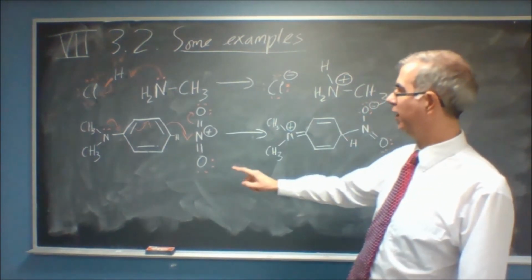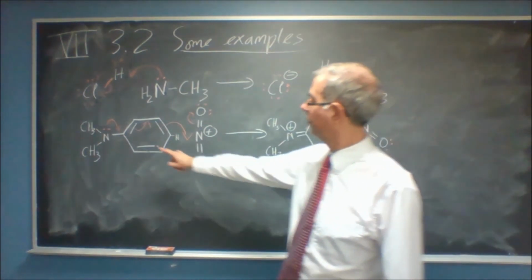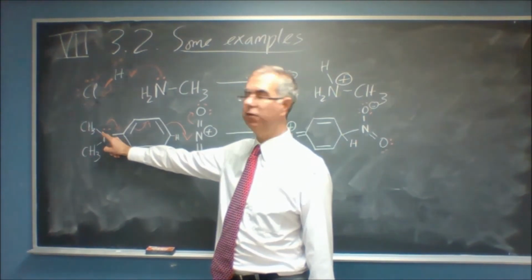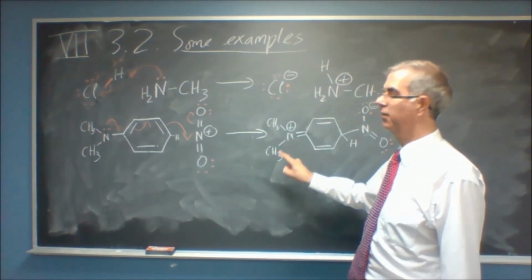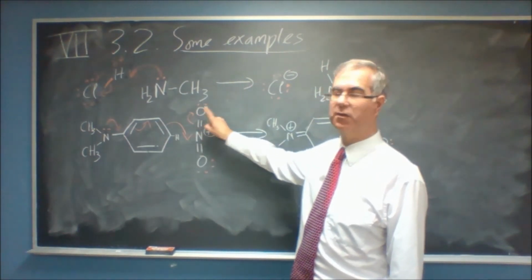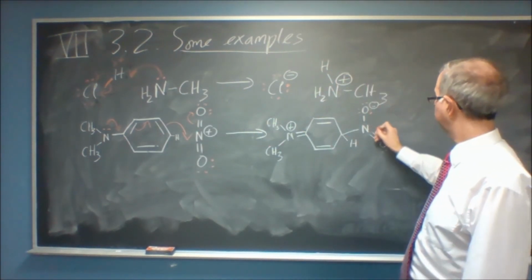Now, if you follow down the chain, you can see where the arrows start. This atom goes from being neutral to being 1 plus. Where the arrows end, the atom goes from being neutral to being 1 minus.